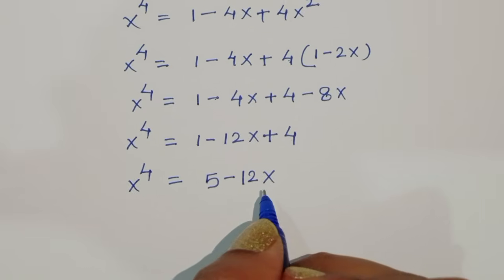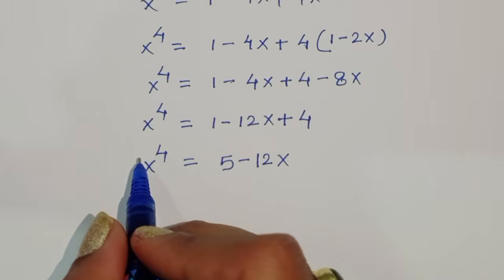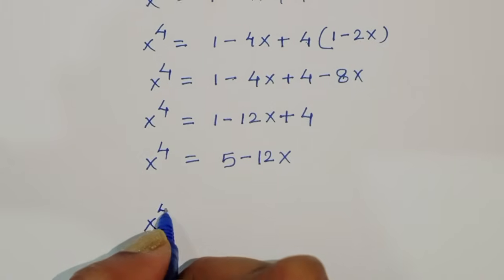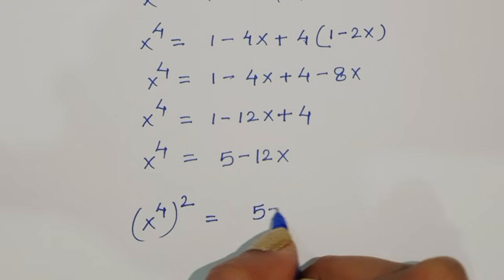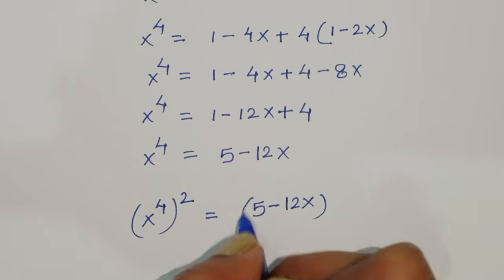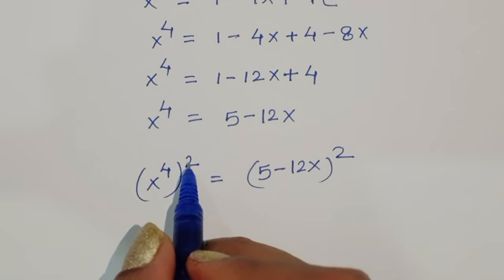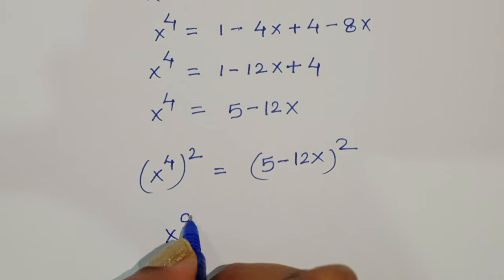Now we have to take a square of this again, on both sides. So x power 4 whole square is equal to (5 minus 12x) to the whole square. x power 4 to the power 2 becomes x power 8.